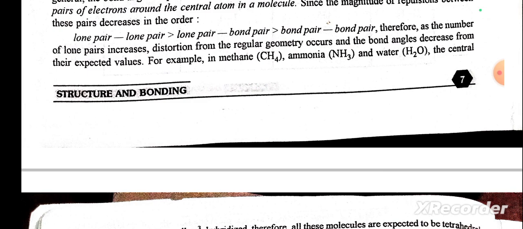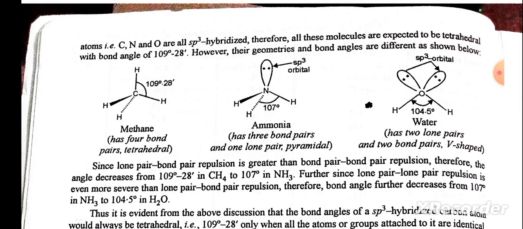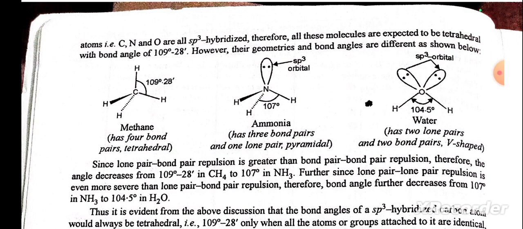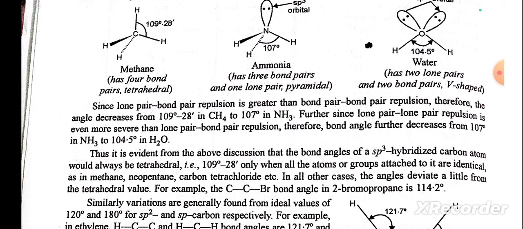For example, in methane, ammonia, and water, the central atoms carbon, nitrogen, and oxygen are all sp3 hybridized, and therefore all these molecules are expected to be tetrahedral with a bond angle of 109°28'. However, the geometry and the bond angles are different as shown below.